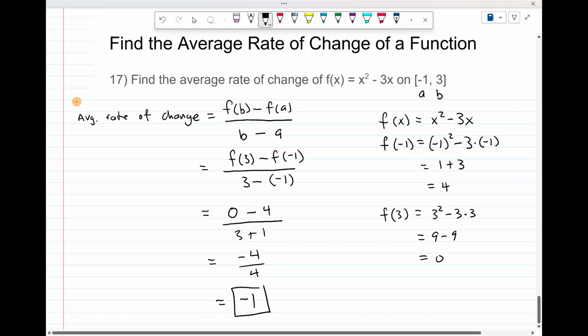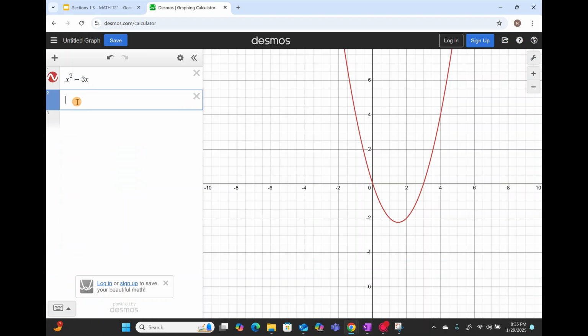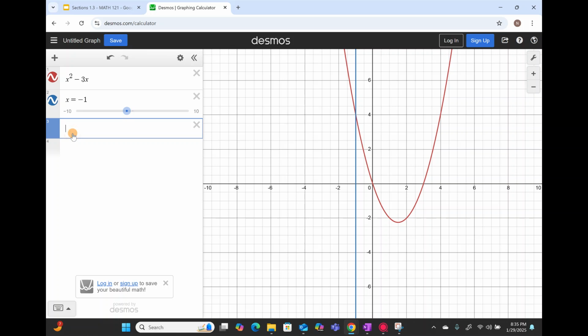And we're trying to go in between negative 1 and 3. I'm just going to write down these x values so we can kind of see where they are. So there's my point at x equals negative 1, and then we have x equals 3 right here.